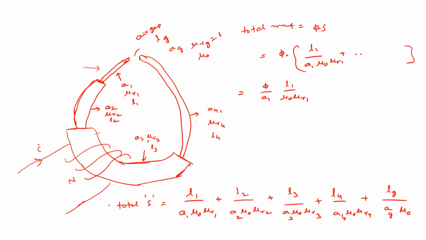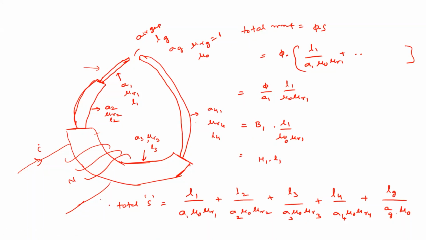Similarly, what is phi by A1? B1. So B1 into L1 by mu naught mu R1. What is B by mu naught mu R1? That is H1, so that is H1 into L1. Agree? Yes, sir.